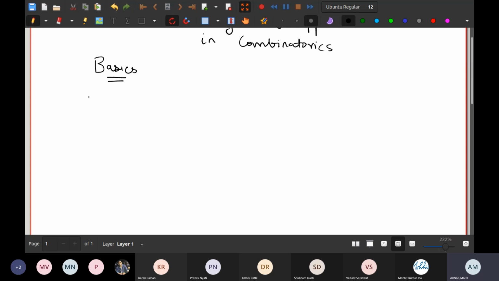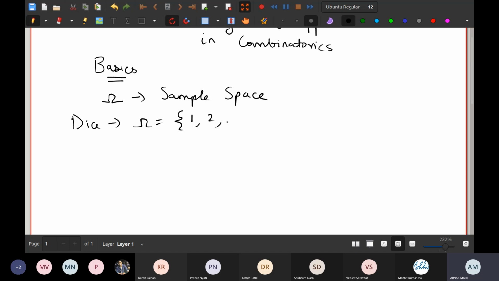So in probability, we have a sample space. Say if you take the example of a dice, your sample space is basically the outputs which you get: 1, 2, 3, 4, 5, and 6. Now you have some events.